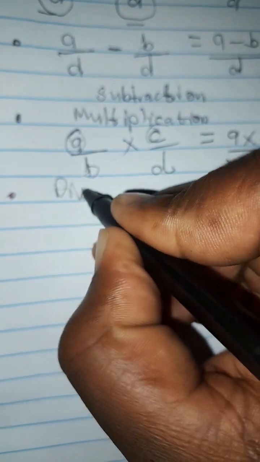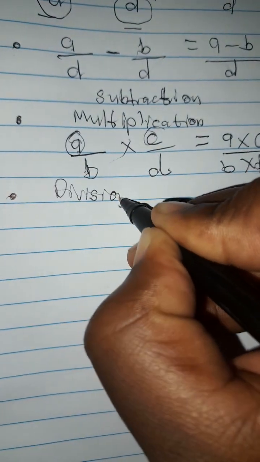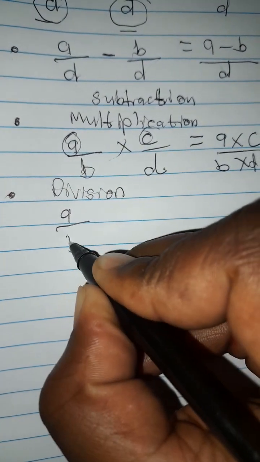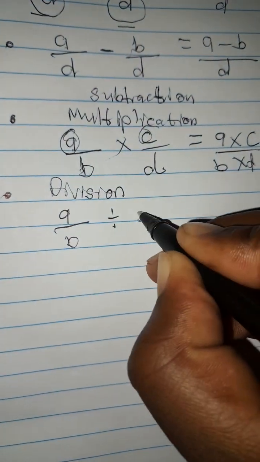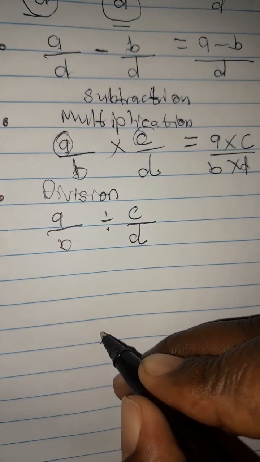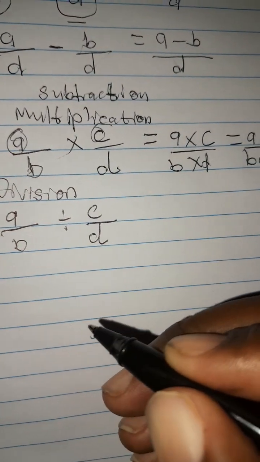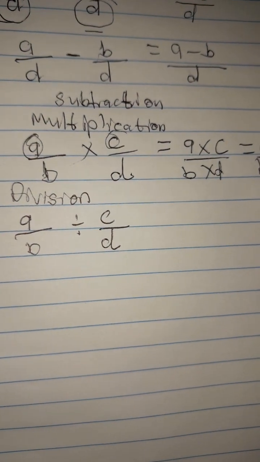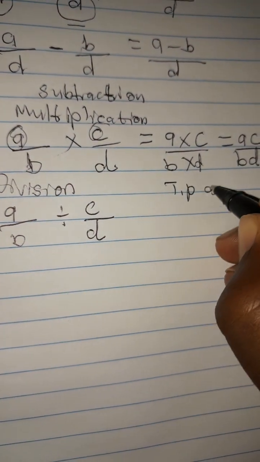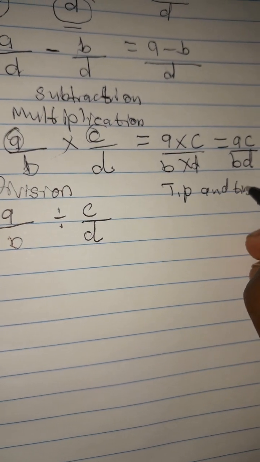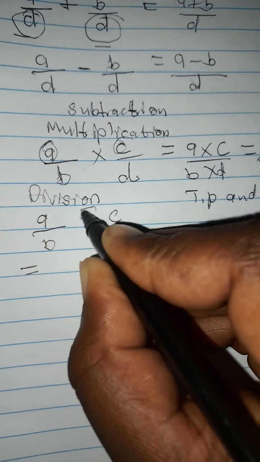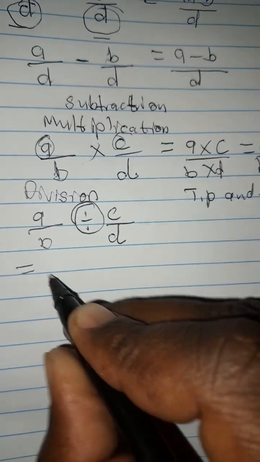Then lastly, it will be division. Consider we are given a divided by b divided by c divided by d. When we are working with such, we are going to use a method called tip and times, meaning that this operation sign will change.